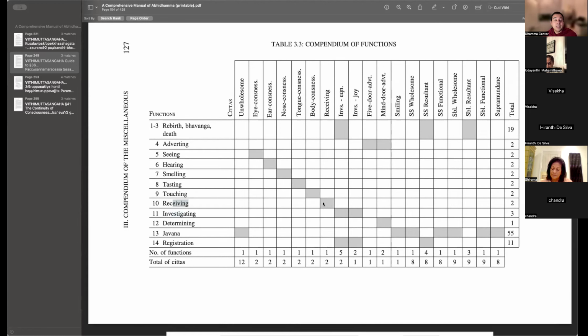Sampatichana means the object that arises in the eye consciousness, or the ear, nose, tongue or body consciousness, falls upon the mind. This is the receiving of the object by the mind. Is that clear, everyone? Because remember, where did the object arise? It arose at the Chakku Prasada, or it could have arisen in the Sota, Ghana, Jivha, Kaya Prasada rupa.